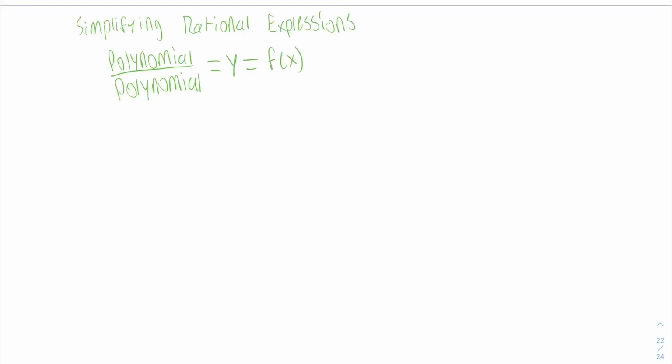So a polynomial divided by a polynomial is going to be equal to your output. And these are going to be your inputs. That's the abstract way of looking at rational expressions.